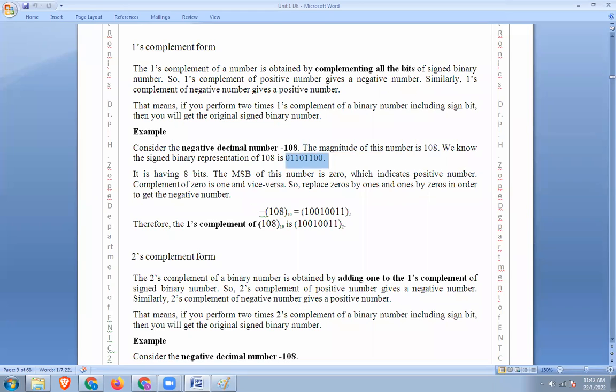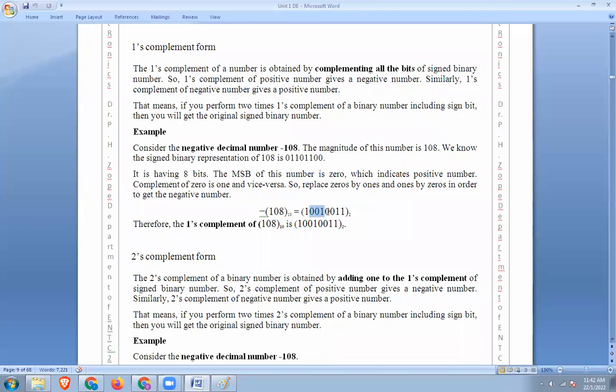Now if I simply convert it into the equivalent ones complement form, I will get it like this. Here 0 is replaced by 1, 1 is replaced by 0, so I will get finally 1001 0011.